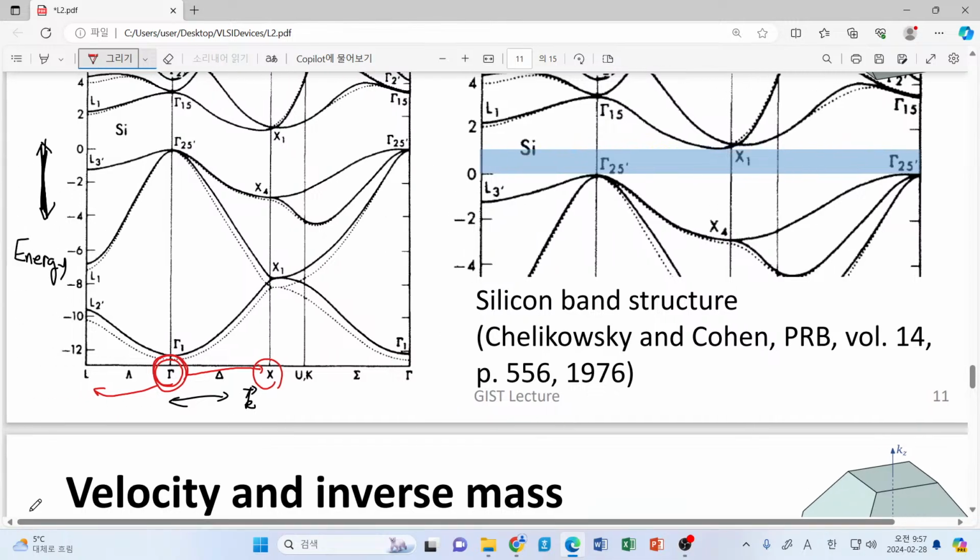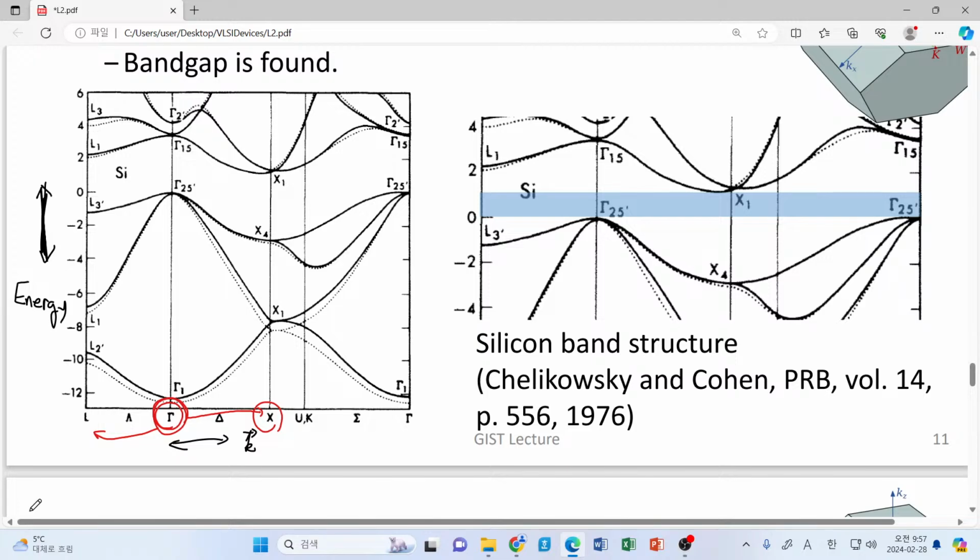And this is the calculation result for our silicon material. You know that this is the maximum energy of our valence band, and here we have the minimum energy of our conduction band.